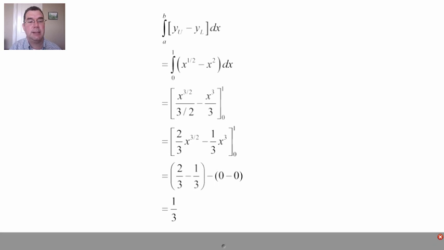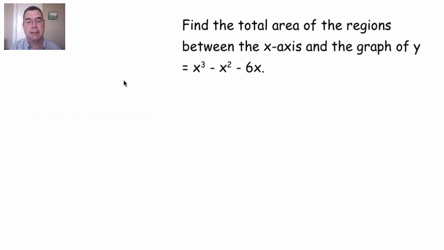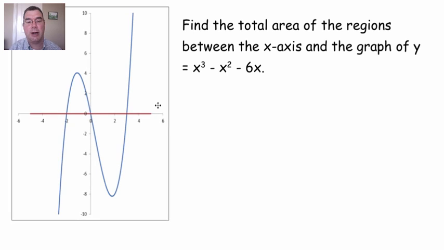All right, sometimes you might get something like this. Find the total area of the regions between the x-axis and the graph of y equals x cubed minus x squared minus 6x. So here's what the graph looks like. The red line is just emphasizing where the x-axis is, but I want you to realize that I can't just take the antiderivative of this function, because sometimes the curve is above the x-axis and sometimes it's below.